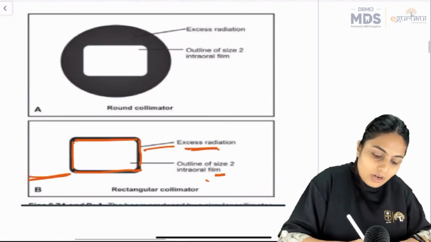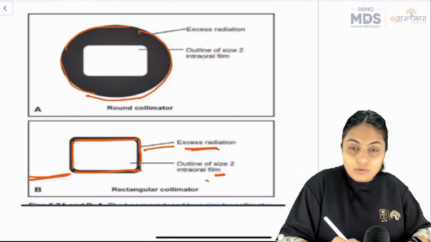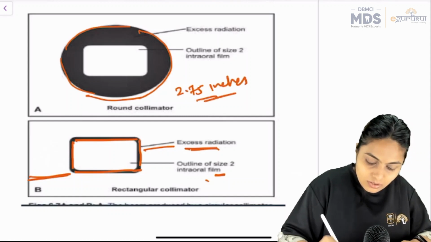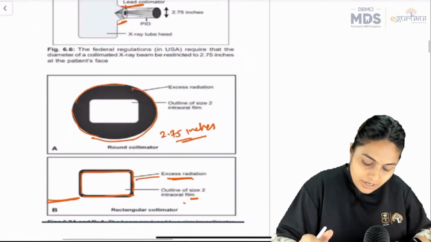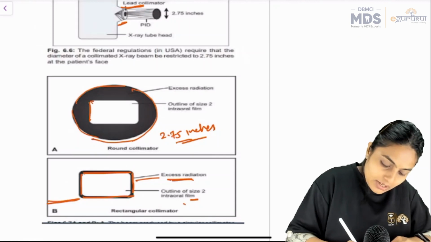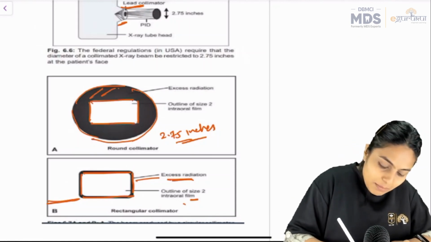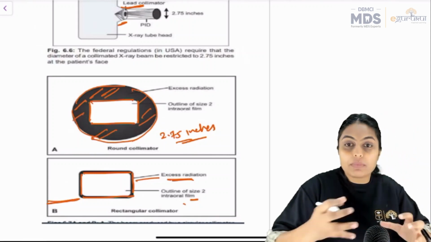Now if we use round, the size of this round collimator is 2.75 inches, and the outline of size 2 film is rectangular. So this black part they have shown is the excess radiation which is coming to the patient.